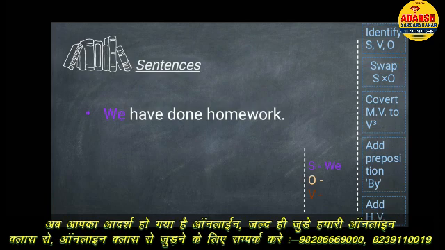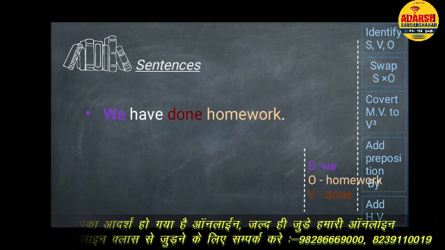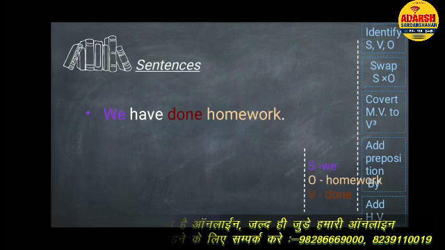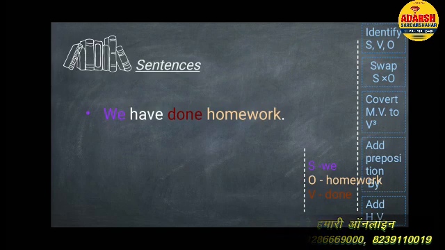So we is the subject, while the object is homework, because on it our action is performing. So homework is our object, and our verb is done, because this is the action. Action is always verb. Action and state is verb. Now here you can see we have a subject, object and verb.